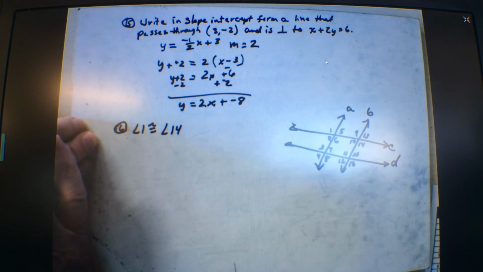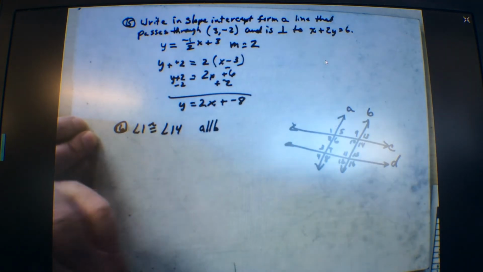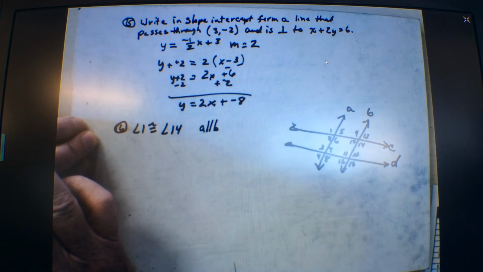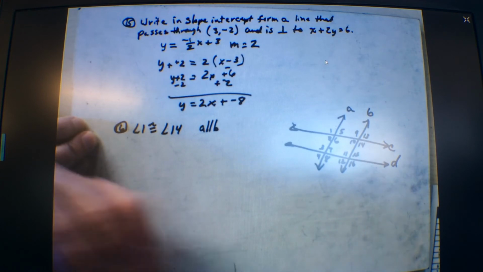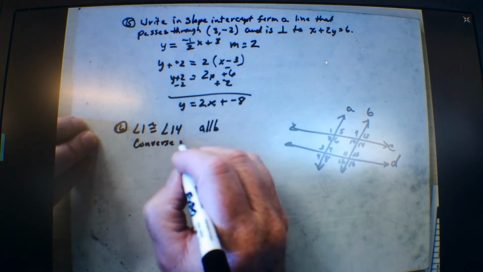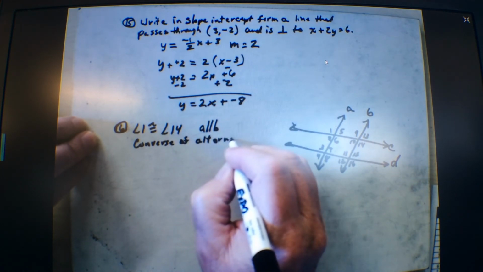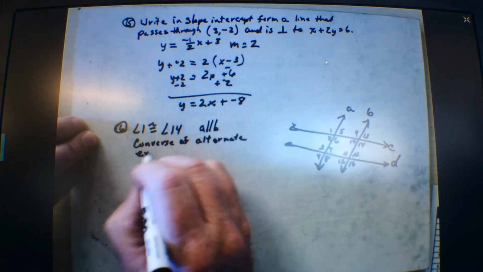What two lines are parallel? A is parallel to B. What reasoning? Alternate exterior, no, converse of alternate exterior angles theorem.